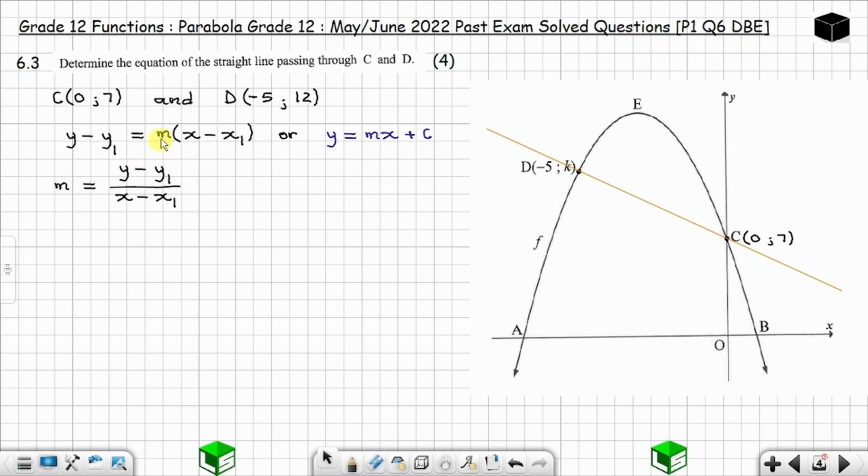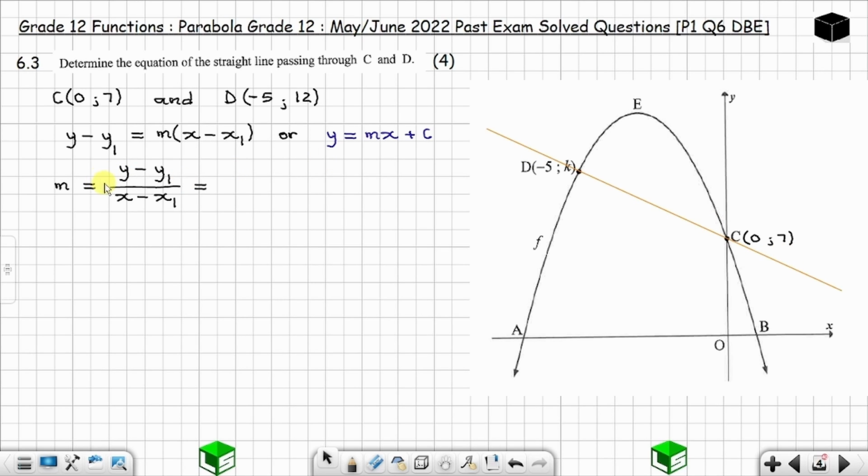I need to use 2 points which are on the line. The 2 points are C and D. When taking the gradient, you must use any 2 points which are on the line, and you can use any of them. I only have C and D, so I'm going to use them.